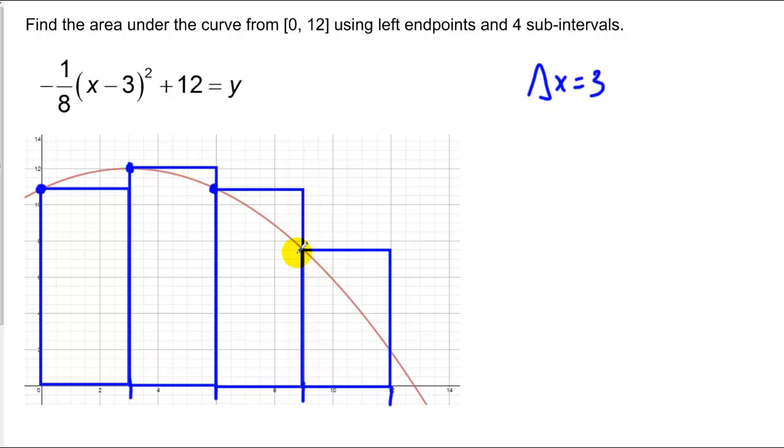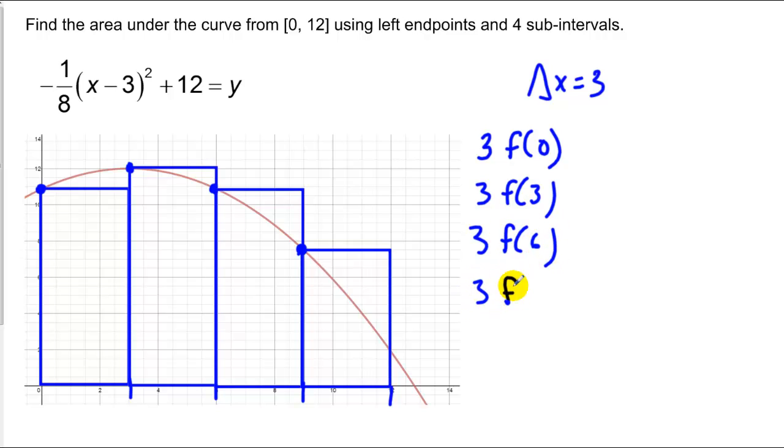You can see the circles that I'm drawing are the leftmost parts of those intervals of 3. So I'm going to find 3 times f of 0, 3 times f of 3, 3 times f of 6, and 3 times f of 9.